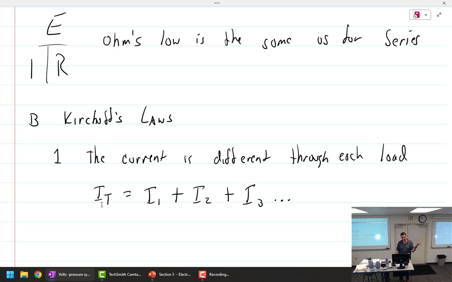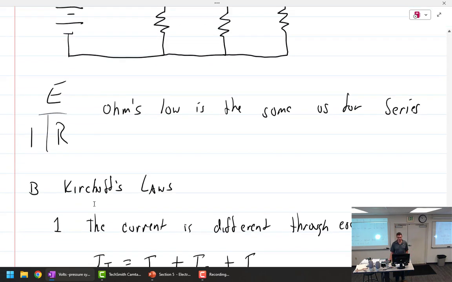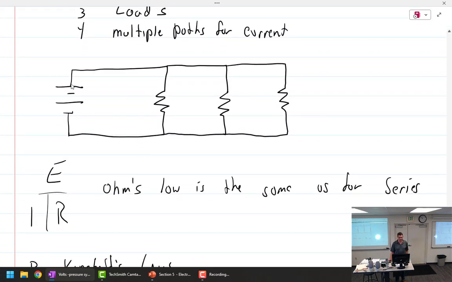Well, now we're saying the current has to be added up through each one, and that should make perfect sense, because if we have this drawing right here and we have current, we'll do it this way, conventional theory, leaving, and the electrons are flowing this way. When they get to this point, some are going to go that way and some are going to go that way, and then it's going to come this way, and some are going to go that way, and some are going to go that way. And so we have to add up the current flow between 1, 2, and 3.